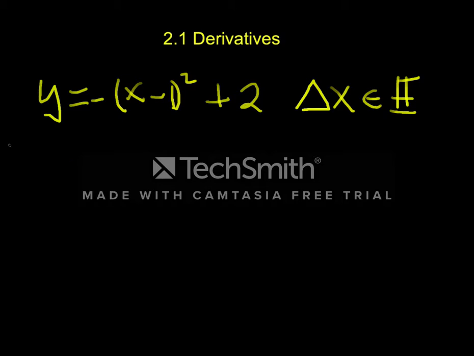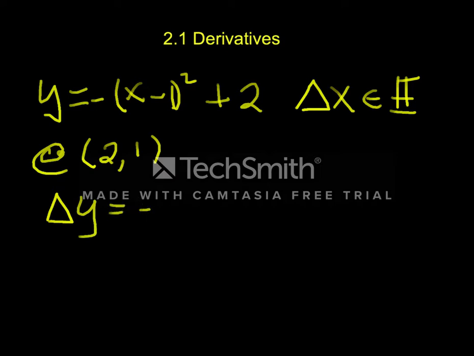So let's first off look at the point (2, 1). We'll see that the change in y, the infinitesimal change in y, will be negative (2 plus delta x, minus 1) squared.